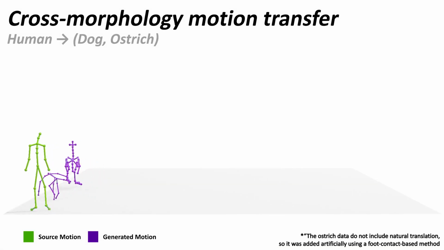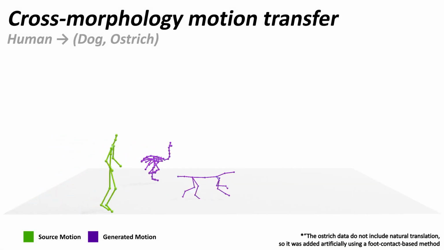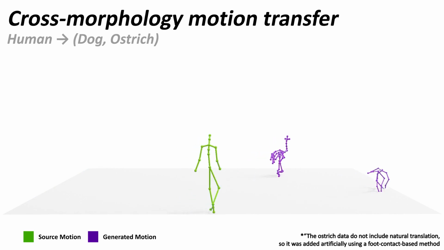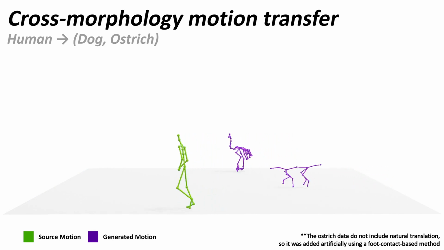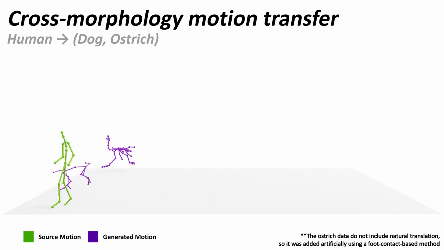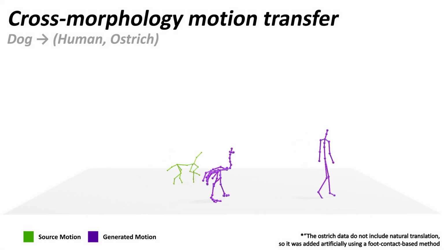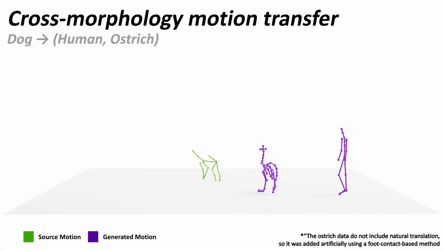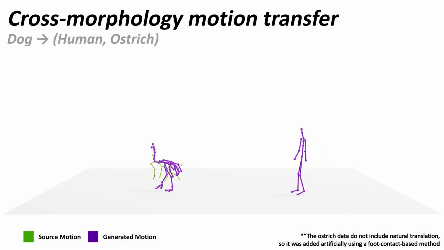Without retraining, our method generalizes to new morphologies, enabling practical all-to-all motion transfer. In this example, a human running motion is transferred to a dog and an ostrich. Similarly, dog walking motion is transferred to a human and an ostrich.